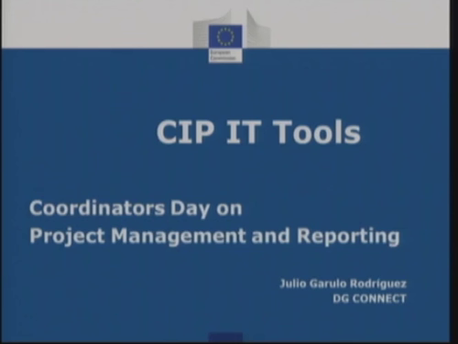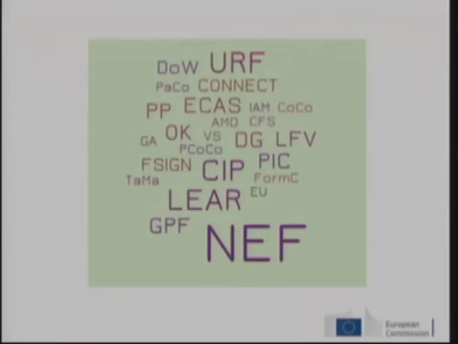And it's something that in the new framework program, Horizon 2020, will also be available for all the projects. You will have electronic signature everywhere for grant agreements and also for the financial statements. But for CIP, it will be only for electronically signing the cost claims, the financial statements.